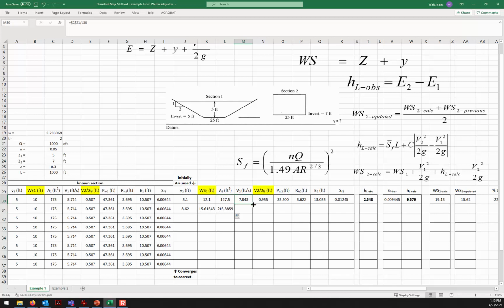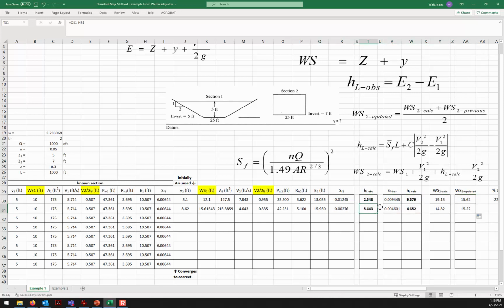And the velocity is just Q divided by A. So we have an updated velocity head. Wetted perimeter is another geometric parameter that will update based on our new flow depth, as well as hydraulic radius. Actually, everything can be dragged down, so no sense doing it one at a time. I can drag all of this down, and we're getting a lot closer.